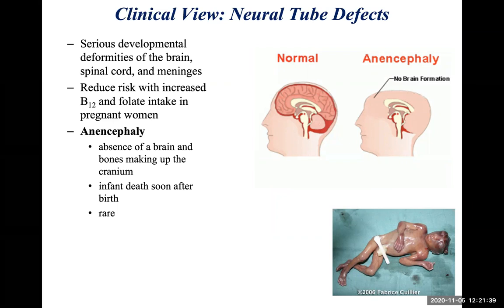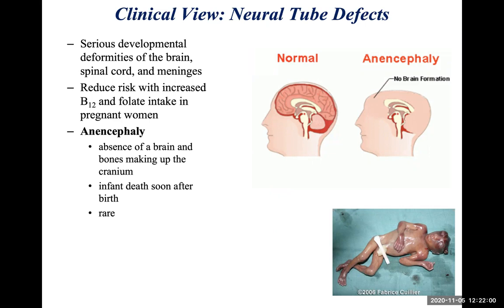And then some of the types of neural tube defects I want you to be familiar with. I want you to know what anencephaly is. Anencephaly is a condition in which there is a lack of all or a significant portion of brain tissue, along with not having the bones that make up the cranium.